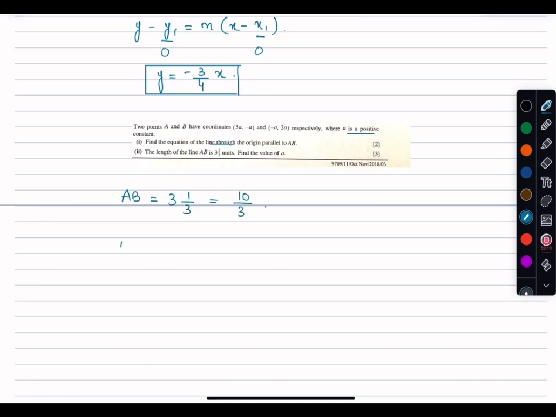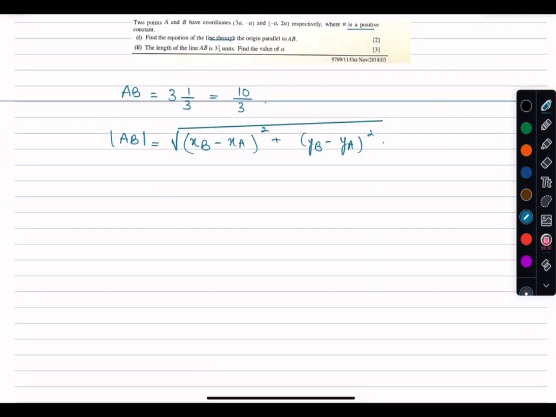So the distance AB shall be equal to the square root of (xB minus xA) the whole squared plus (yB minus yA) the whole squared. I have the distance, which is 10 by 3.